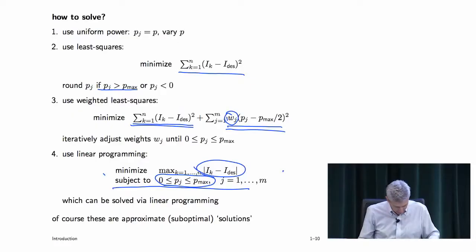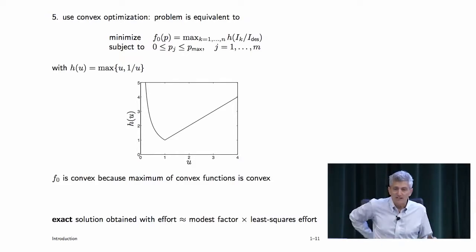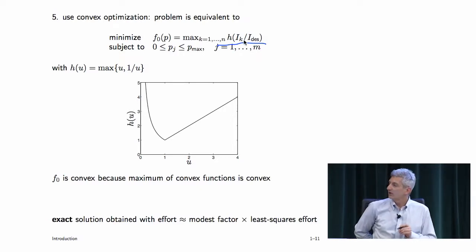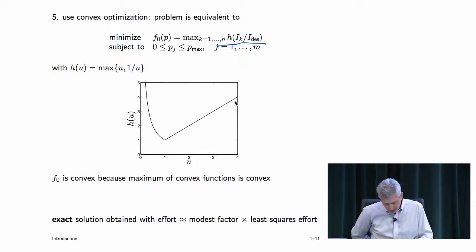But okay. Now, all of these are not solutions, right? These are approximations. But it turns out it's a convex problem, right? And it's convex, I'll say why in a minute, because what you're really minimizing, if you take the exp of it, is this thing. H is something like the fractional error, right? So it looks like this. If you're above your target 1, then it's just linear.